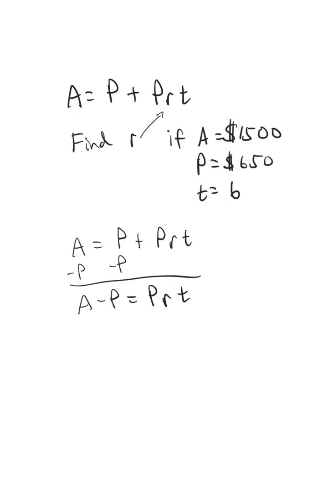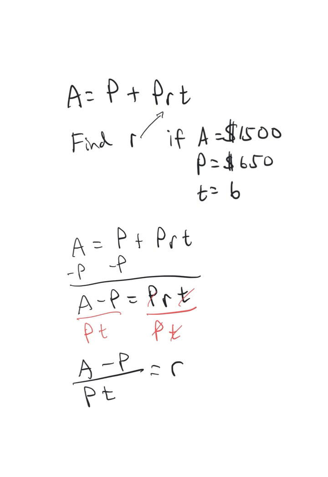And then to get R by itself, I need to divide by P and T on both sides. So we would get A minus P over P times T equals R.